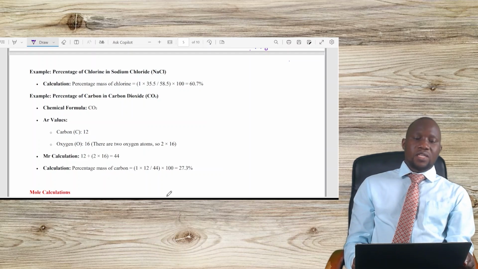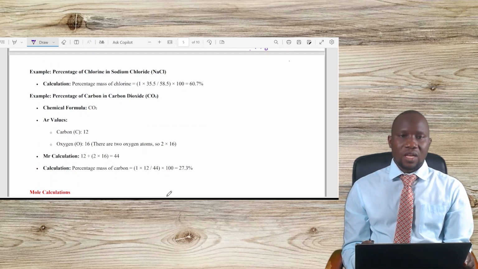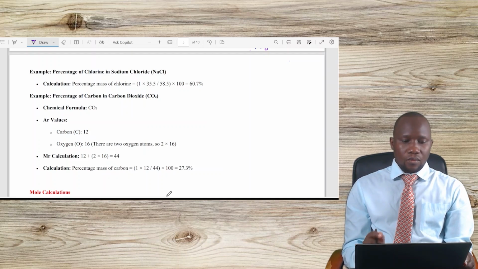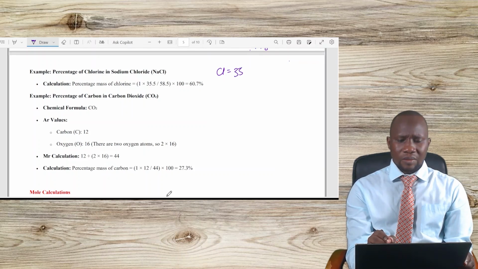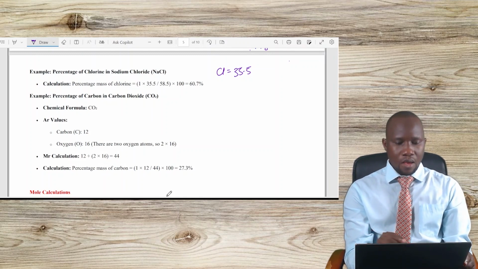So let us calculate the percentage of chlorine in sodium chloride. So we know that chlorine is equal to 35.5, right? And then sodium is basically 23.